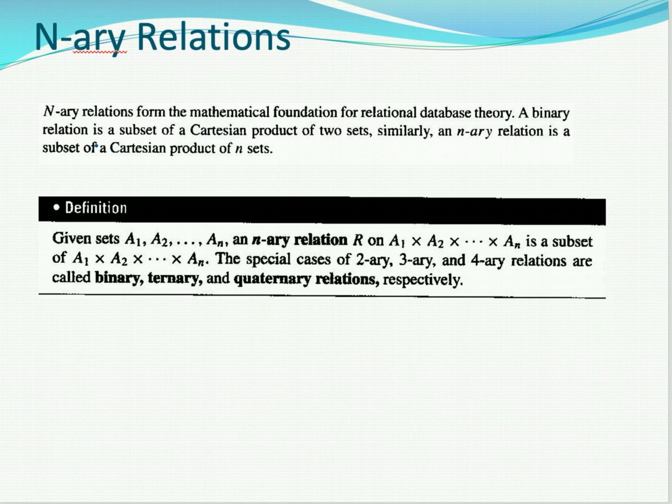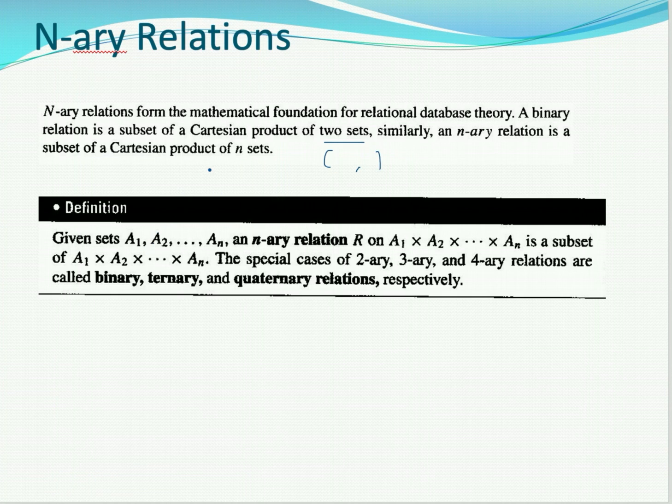N-ary relation. N-ary relations form the mathematical foundation for relational database theory. A binary relation is a subset of a Cartesian product of two sets. Similarly, an n-ary relation is a subset of the Cartesian product of n sets. So just now, because we only played with two sets, we had pairs, right?